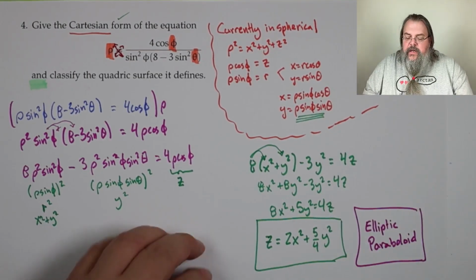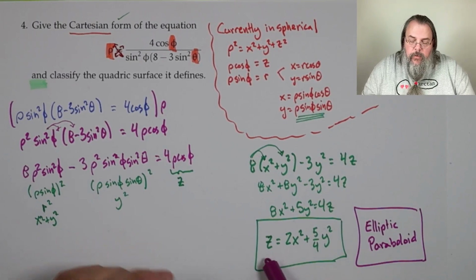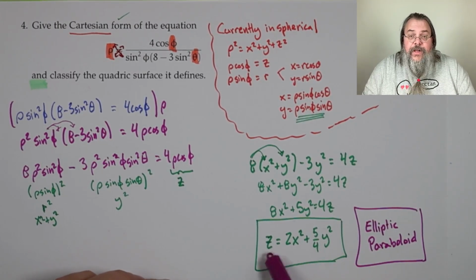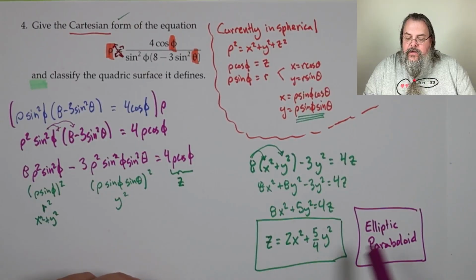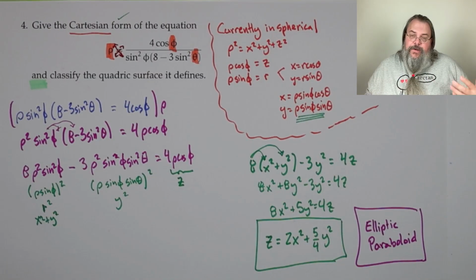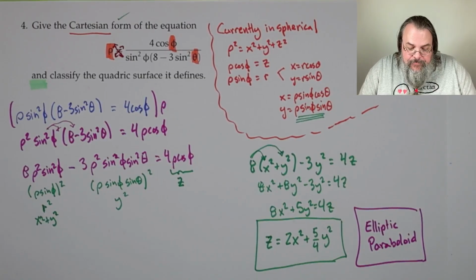Put another way, if you choose a value for z, like z equals 1, 2, 3, your slices look like ellipses. That's why we call it an elliptic paraboloid. If your slices look like hyperbolas, we'd call it a hyperbolic paraboloid.